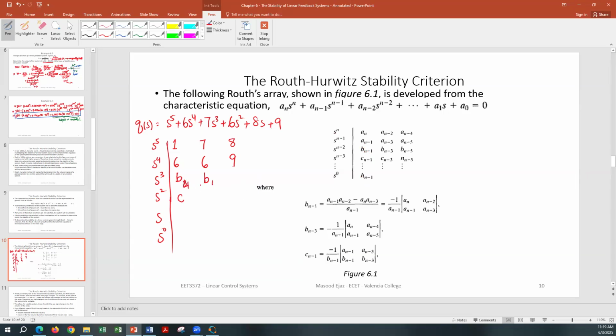So let's say this is B4, and then Bn minus 3. 5 minus 3 is 2. B2, and then B0. That's easier. And then Cn minus 1, C4, C2, and then C0, and then D4, D2. And some of these terms are going to be 0, so you don't have to worry about those. E4, E2, E0.